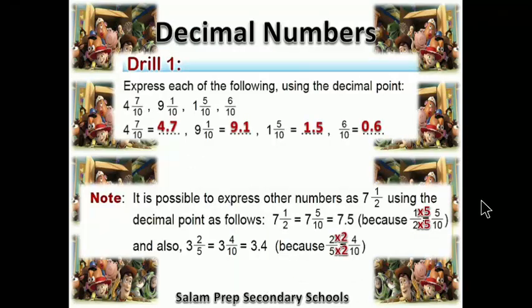Decimal numbers. Drill 1. Express each of the following using the decimal point. Try to solve drill 1 as we learned before.